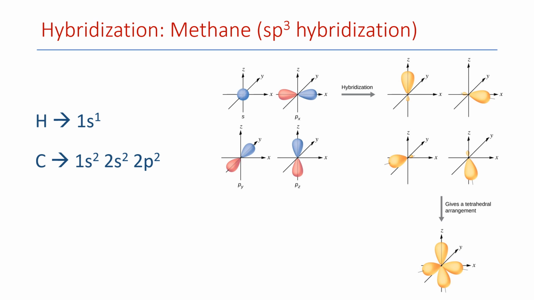The hybridization, or the mixing, will give you a new set of 4 similar orbitals, and they will have a tetrahedral arrangement. And this tetrahedral arrangement will give the very common, well-known shape of the sp3 hybridized carbon in alkanes, which is the tetrahedral one.